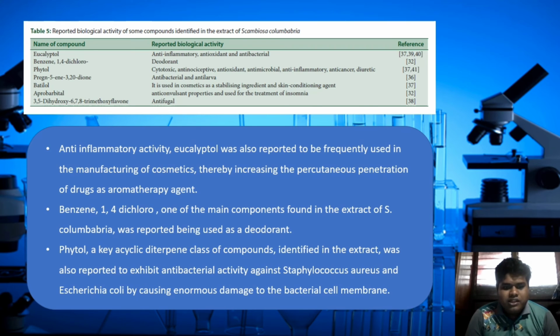Cytol, which is a key isolated diterpene class of compound, was identified in the extract and was also reported to exhibit antibacterial activity against Staphylococcus aureus and Escherichia coli by causing enormous damage to the bacterial cell membrane.